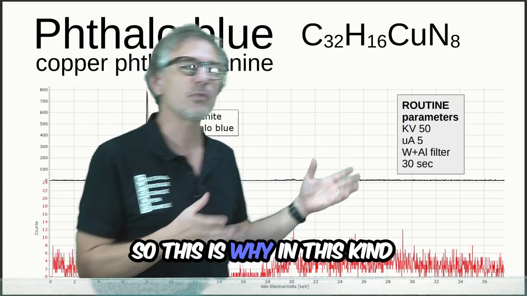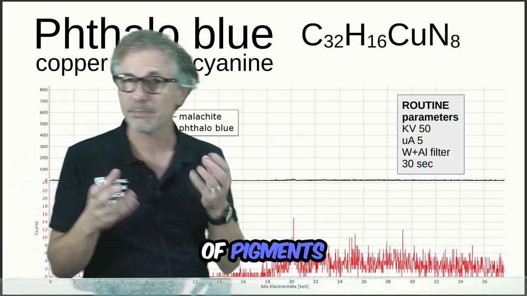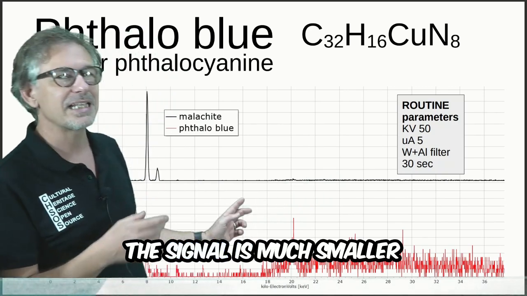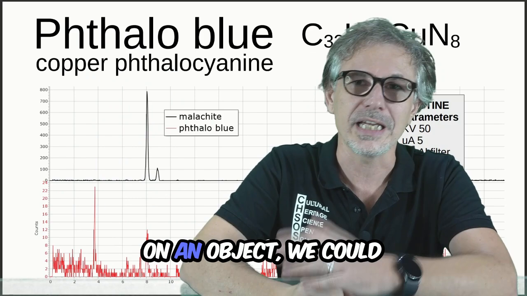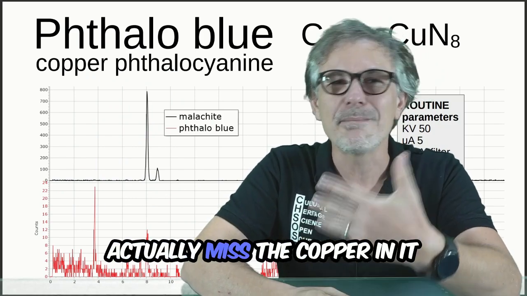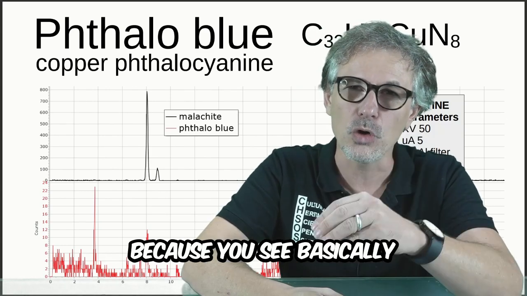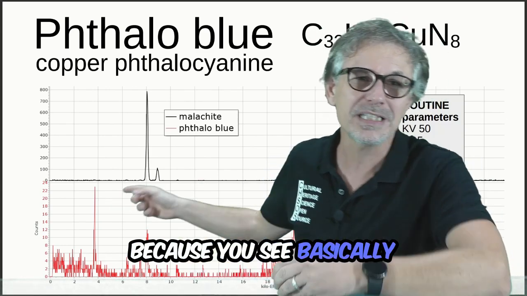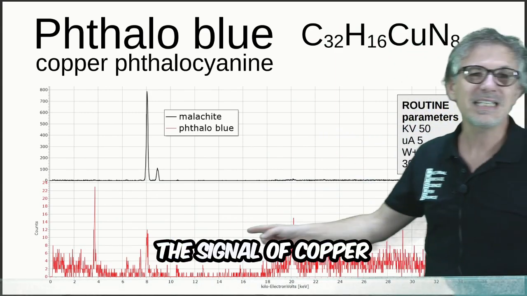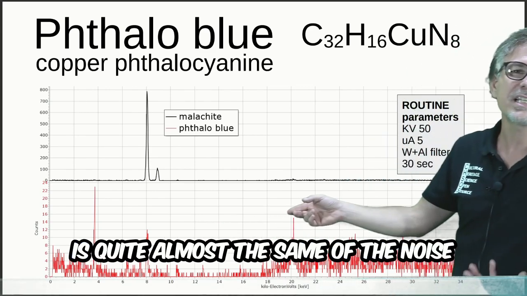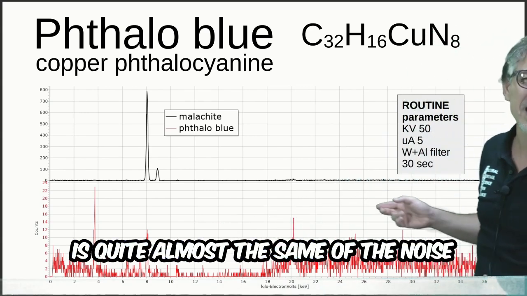This is why in this kind of pigment the signal is much smaller. So when we examine an object, we could actually miss the copper in it, because in this acquisition the signal of copper is almost the same as the noise.